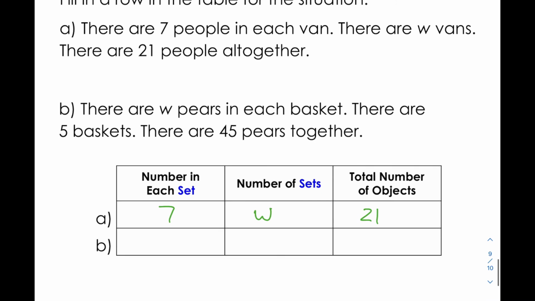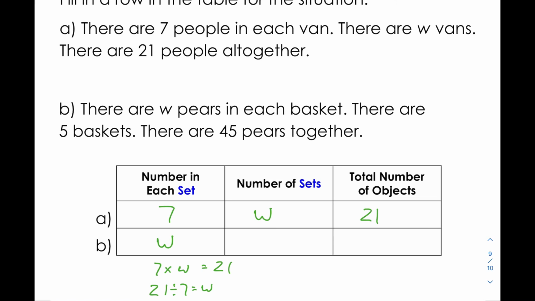So it would be 7 times W equals 21, or we could say 21 divided by 7 equals W. So you could probably tell that there would be 3 vans.